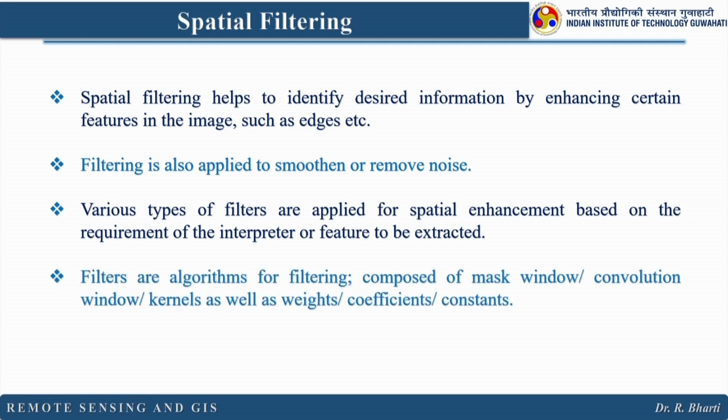Filters are algorithms for filtering, composed of a mask window, convolution window, kernel, as well as weight coefficients or constants. How we will apply this, we will see in subsequent slides.